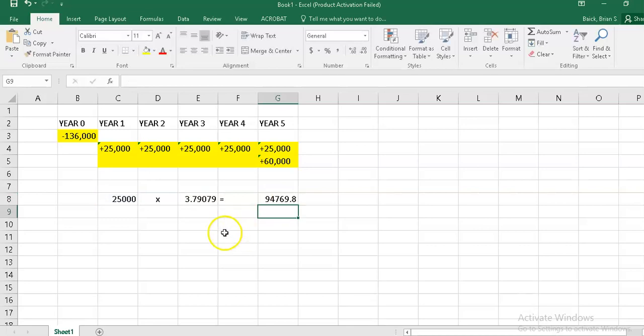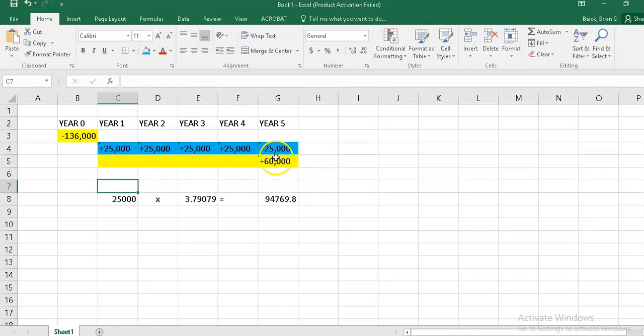If somebody gave you $25,000 every year for 5 years, what would that all be worth in today's dollars? It would be worth 94,769.8. Okay, so we took care of this part here.